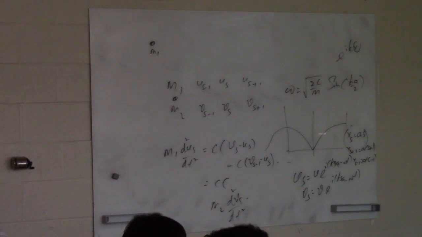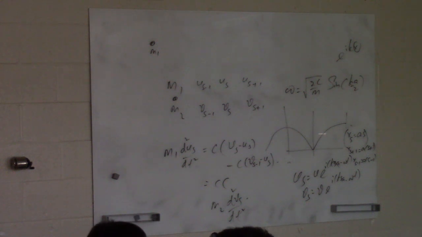Ideally you have 3 modes here, and the same here, you can have multiple modes. Typically we call this 0 the gamma point. That's the center point in the Brillouin zone.